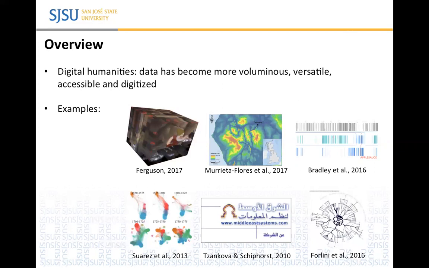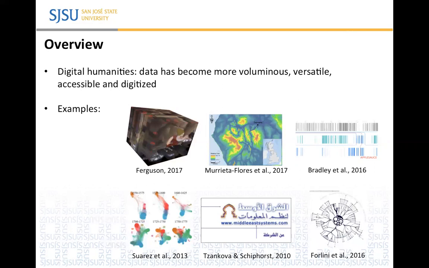The bottom left figure shows another interesting work that was done by Suarez et al., and part of their work was to use data mining and visualization to offer multiple views of the space of Hispanic Baroque art as related to geography and movement through territories.